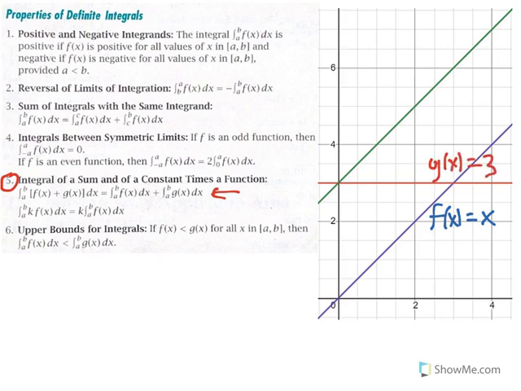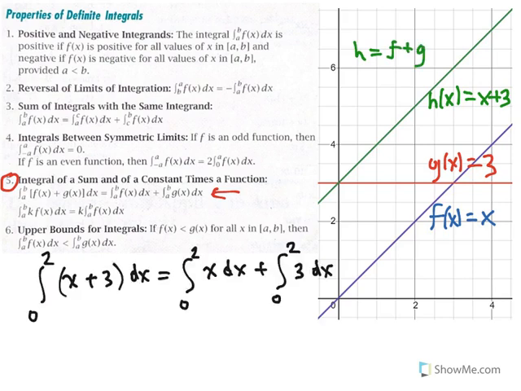And suppose we have a third function that we will call h of x, and h of x will be the sum of the other two functions. It would be f of x plus g of x, x plus 3.